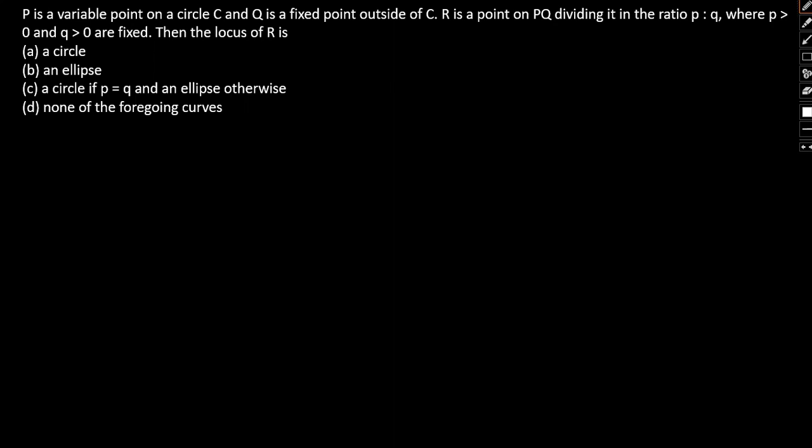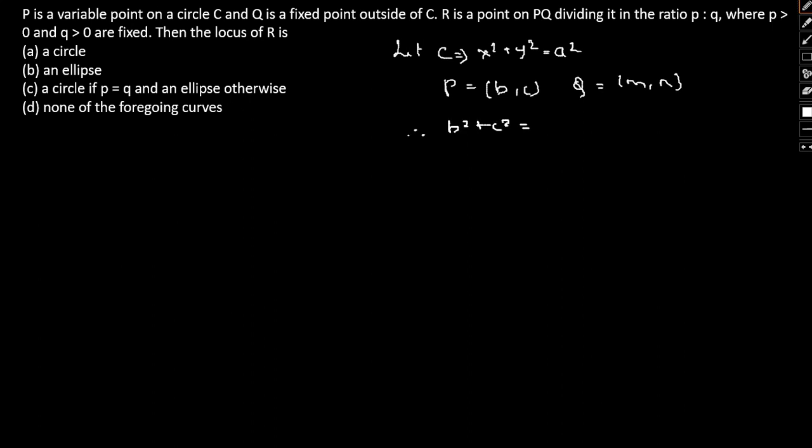Okay, so let C be x square plus y square equal to a square, and P be (b, c), Q be (m, n). So therefore b square plus c square equal to a square.